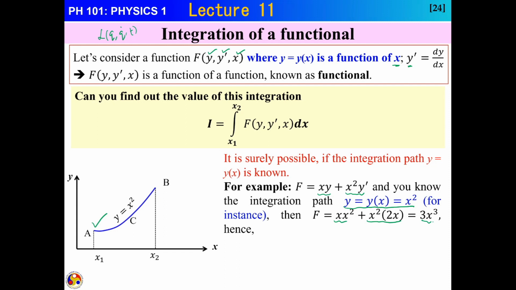So totally giving 3x cube. And if this has to be the shortest one, then the integral that you get from x1 to x2, moving from this point to this point, for this function, should be as small as possible, or we call it minimal, to give a stationary condition.